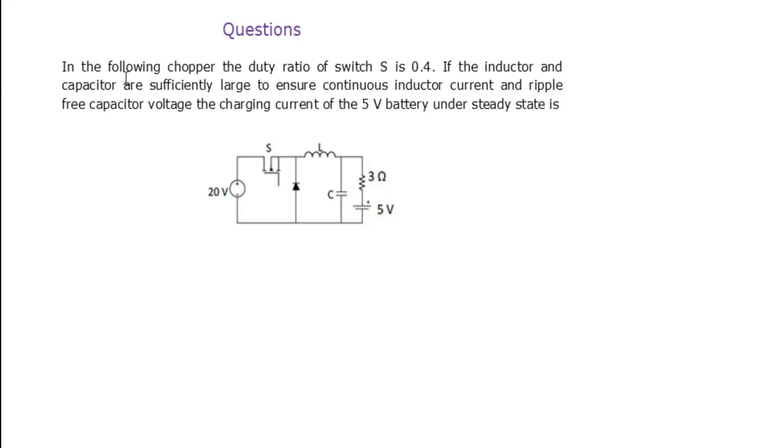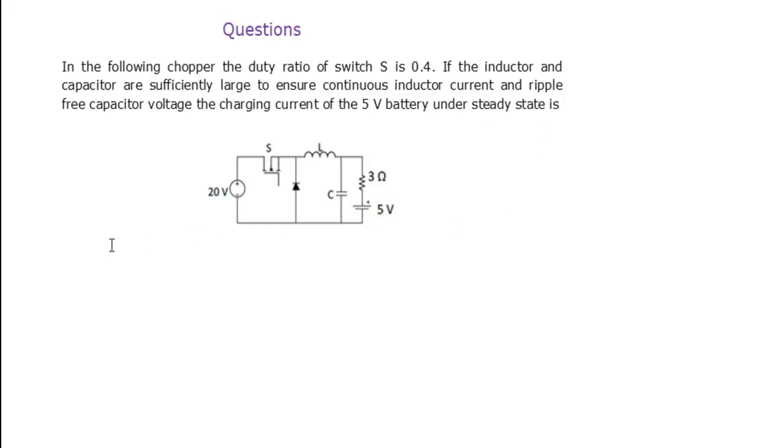In the following chopper, the duty ratio of the switch is 0.4. If the inductor and capacitor are sufficiently large to ensure continuous inductor current and ripple-free capacitor voltage, the charging current of the 5 volts battery under steady state is.